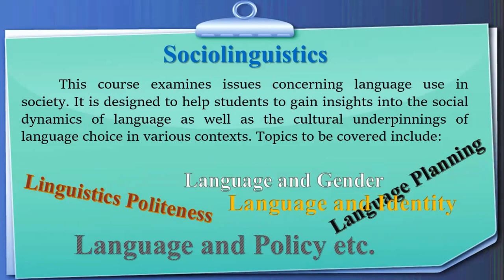Language and identity: with the help of language, we identify people from different areas. Language and policy: countries make language policies according to their interests. So all these issues are concerned with sociolinguistics.